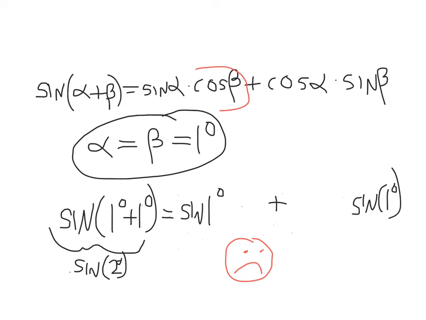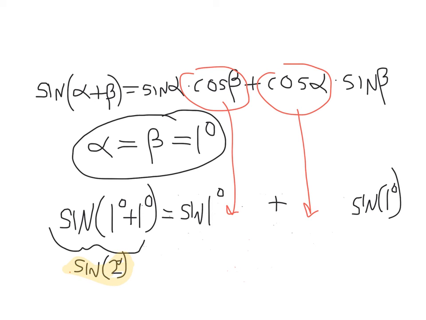So you've got to bring these guys down here into their places, cosine of 1 degree and cosine of 1 degree, to make the formula correct. See, now that's right. The sine of 1 degree plus 1 degree is not just sine of 1 plus sine of 1, but you have these correction factors in here.